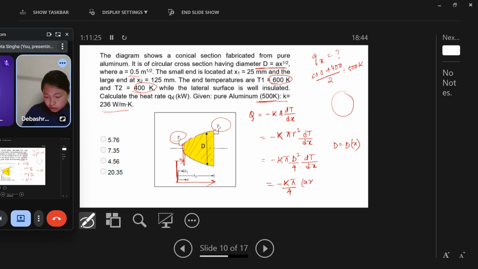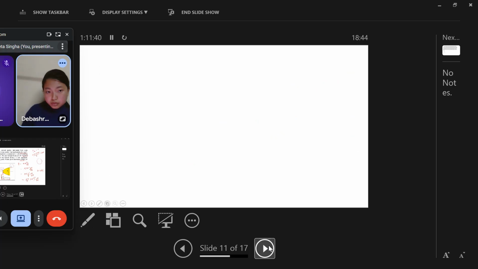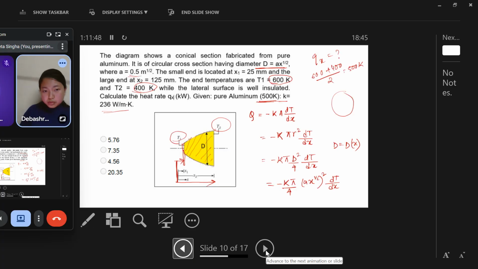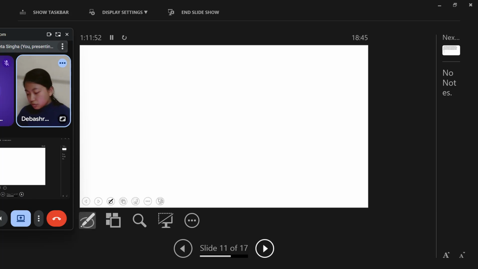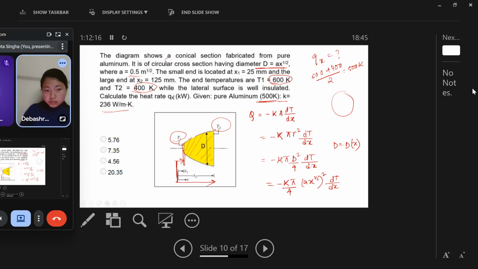So if I write a x to the power half whole square dt by dx, what we get? x dt dx.